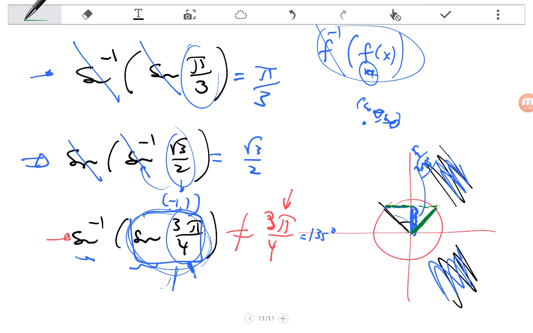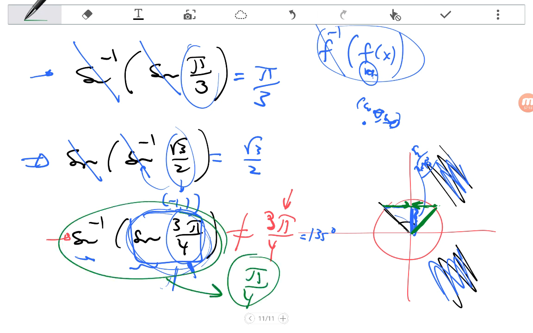This angle will have this sine, and this will have this sine. So this will be pi over 4. The right result of this will be pi over 4, which is this green angle. It's an angle in the first quadrant that has the same sine as 3 pi over 4.